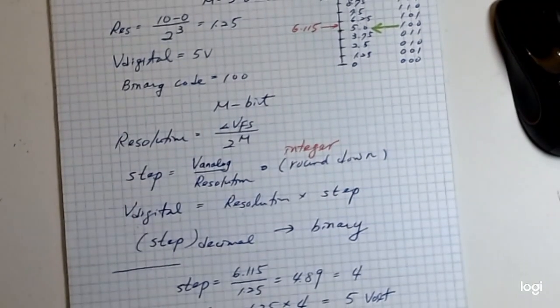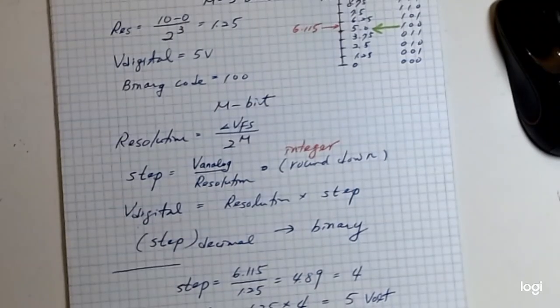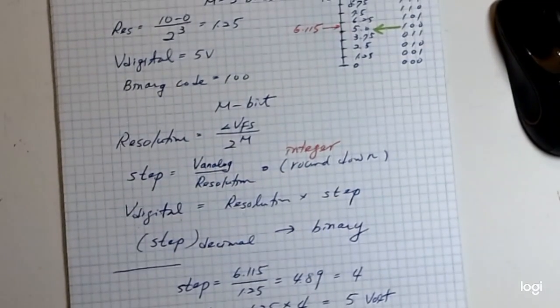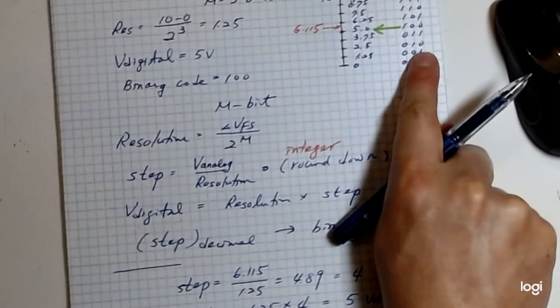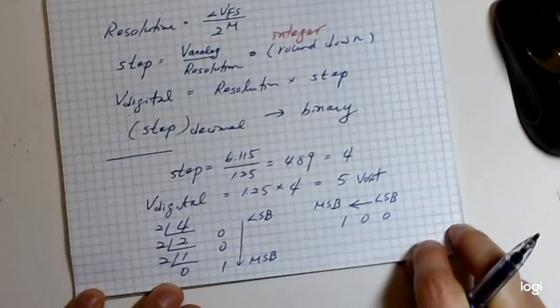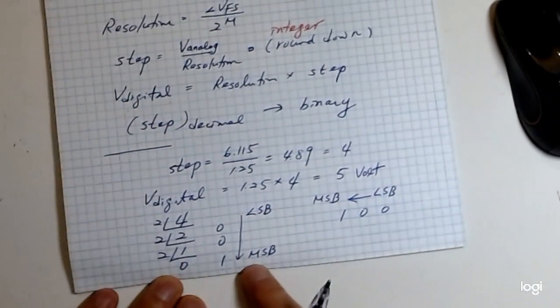So least significant bit to most significant bit, so 100. We should get the same.